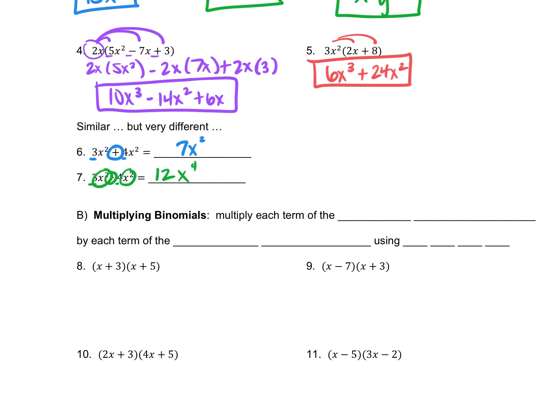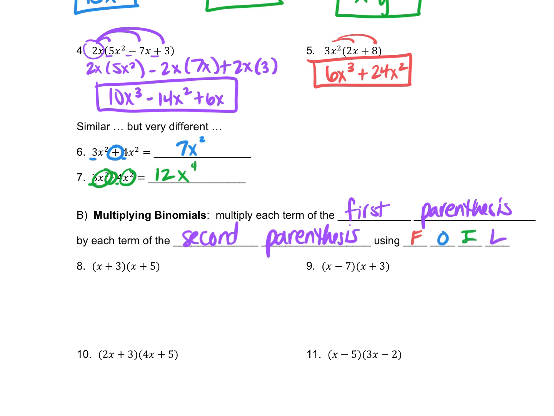Okay, multiplying binomials. Binomials have 2 terms. You multiply each term of the first parentheses by each term of the second parentheses. So we're using what we call the FOIL method. FOIL stands for first, outer, inner, last.